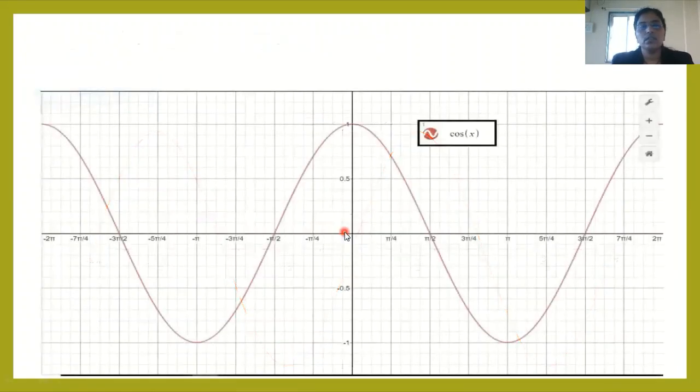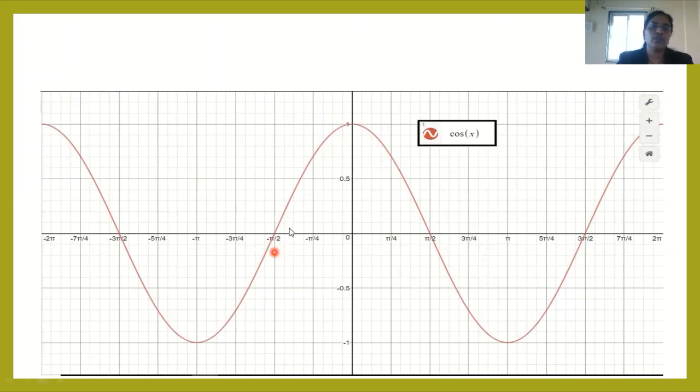Second one is the graph of cos x. We know that cos of 0 is 1. On the x axis we have taken the values of theta and on the y axis the values of cos theta. If theta is equal to 0, the value of cos 0 is 1. Theta is equal to pi by 2, cos pi by 2 is 0, theta is equal to pi, cos pi is -1, theta is equal to 3 pi by 2, cos 3 pi by 2 is 0, theta is equal to 2 pi, then cos 2 pi is 1.